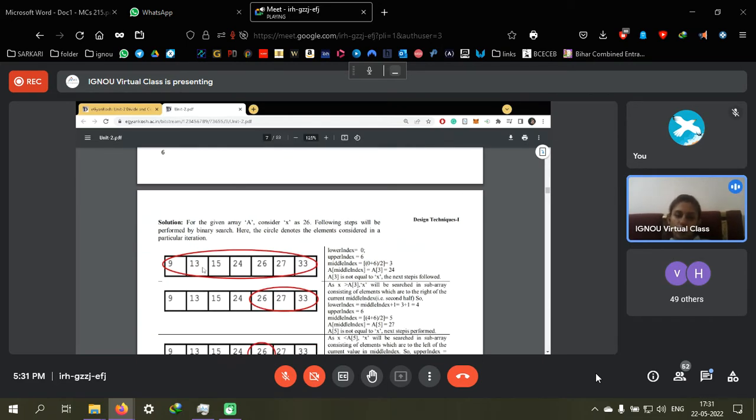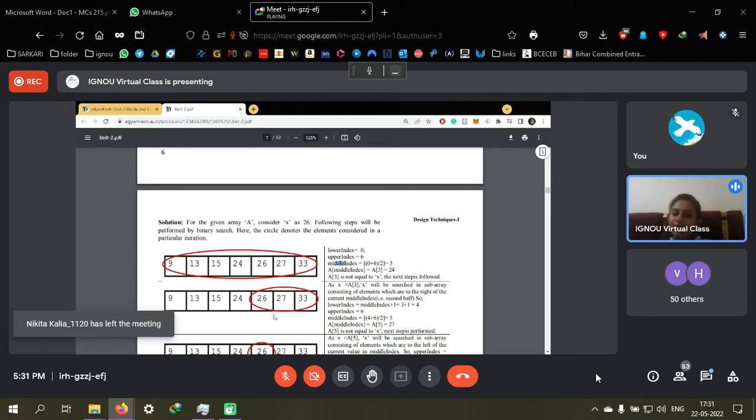So 0, 1, 2, 3, 4, 5, 6. That means the lower index value is 0 and the upper index value is 6. So we have to calculate middle: 0 plus 6 divided by 2, so we get the value 3. The third index value is 24. 24 is not equal to 26. That is smaller than 26, so the value will be found on the right hand side.